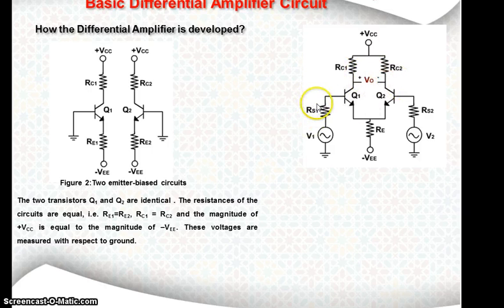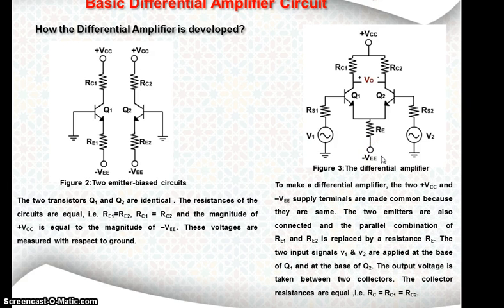This RS1 is the internal resistance of your input voltages. These are the two input voltages V1 and V2. So RS1 and RS2 are the internal resistances of these input sources. Then the two supply voltages plus VCC and minus VCC are equal in magnitude.